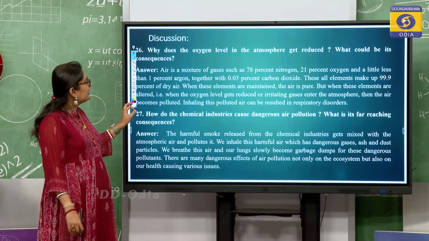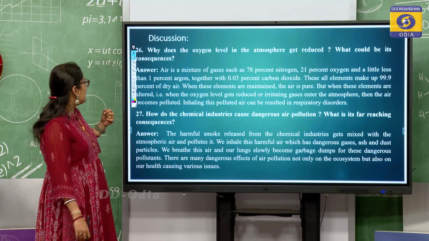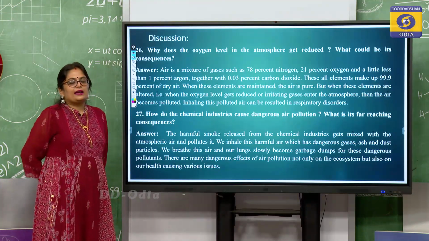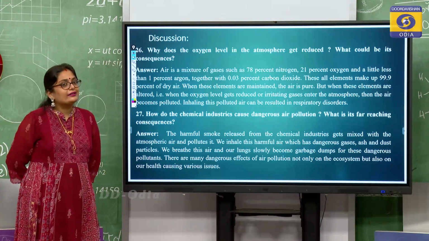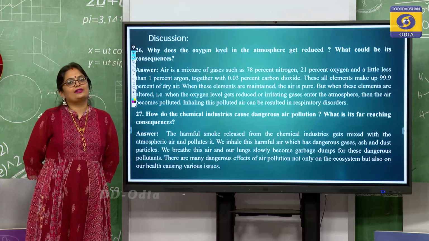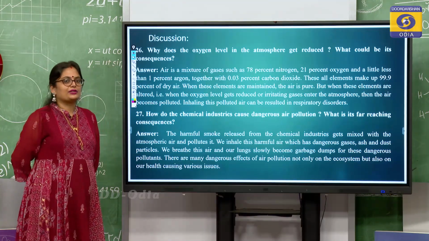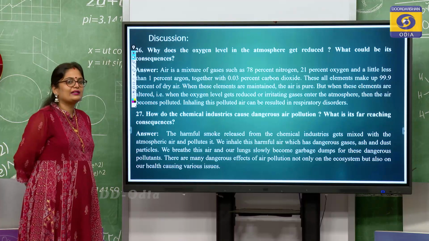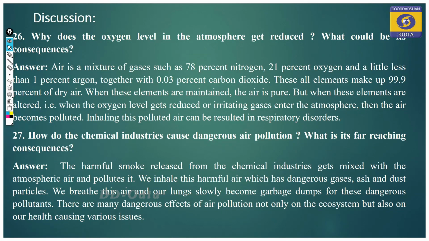Now, how do chemical industries cause damage in air pollution, and what is its far-reaching consequence? I already discussed in the previous slide, children, that many industries such as chemical, ores, steel, cement, etc., release a lot of toxic substances into the atmosphere. Harmful smoke is released from the chemical industries, and what does it do?